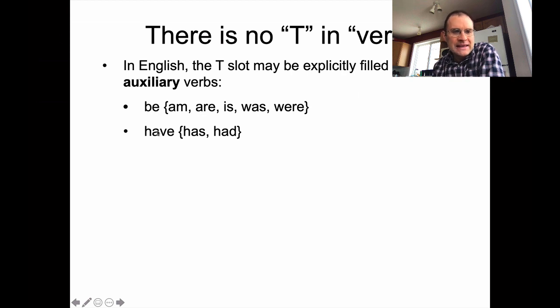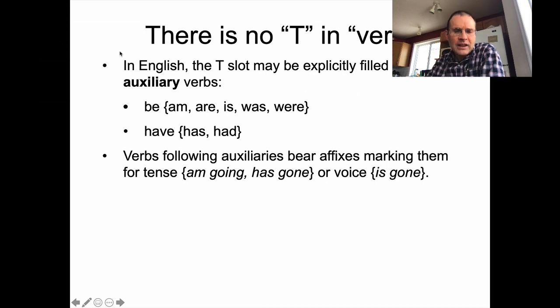These two verbs are be and have, and they come in different forms because, in part, they're used quite often. They can take different irregular inflections. Like be, you can see am, are, is, was, were, and so forth. That's not really the main point of what I want to talk about at the moment.